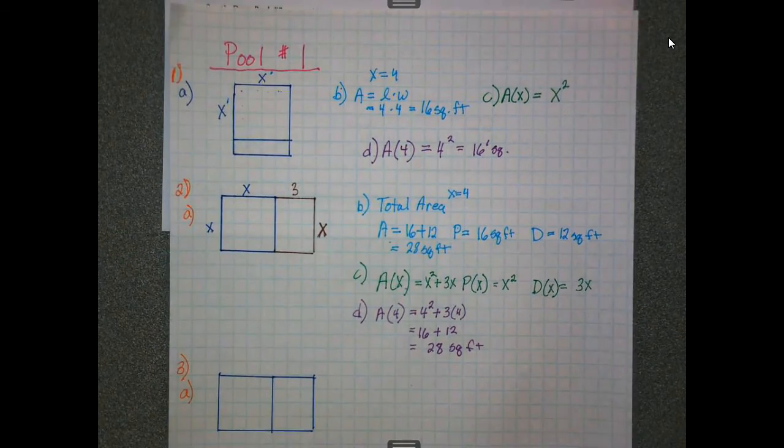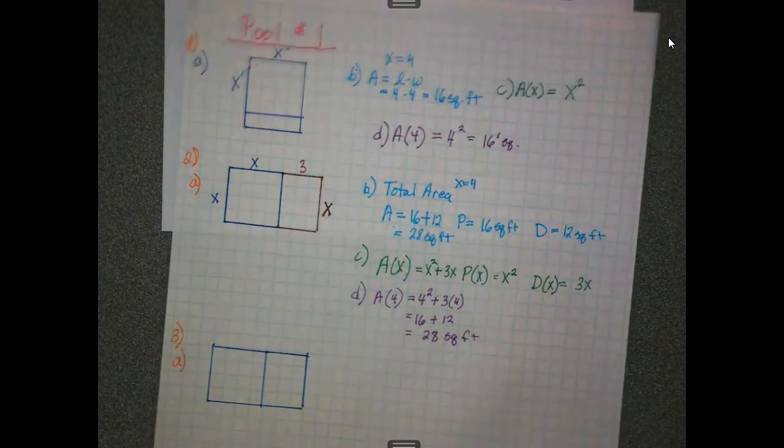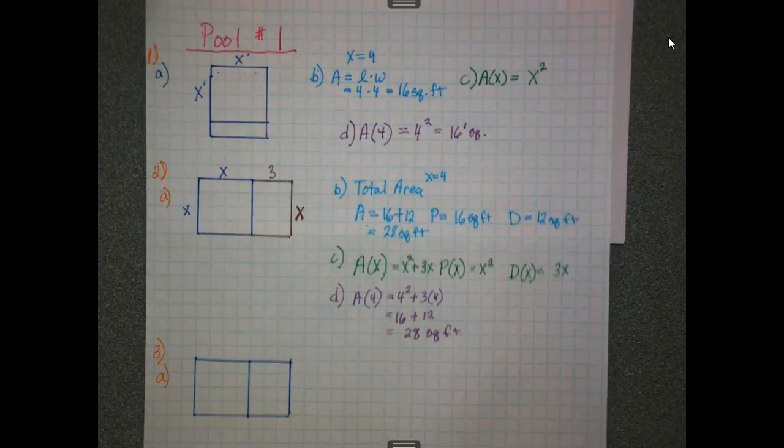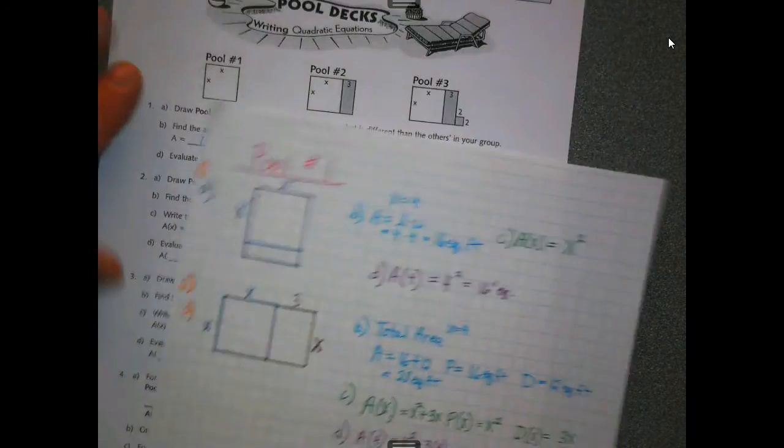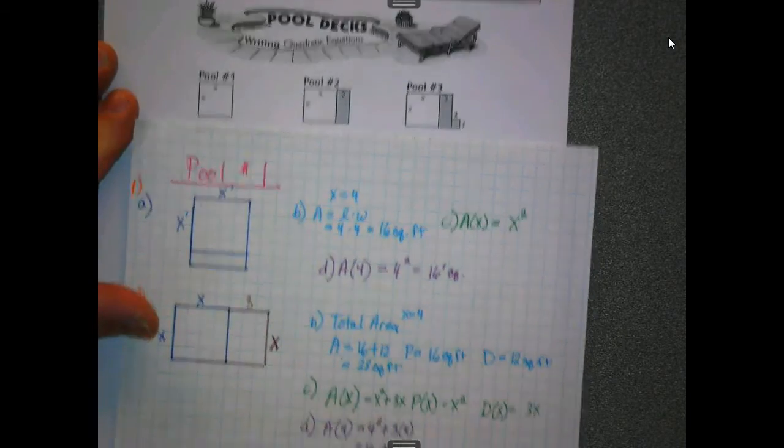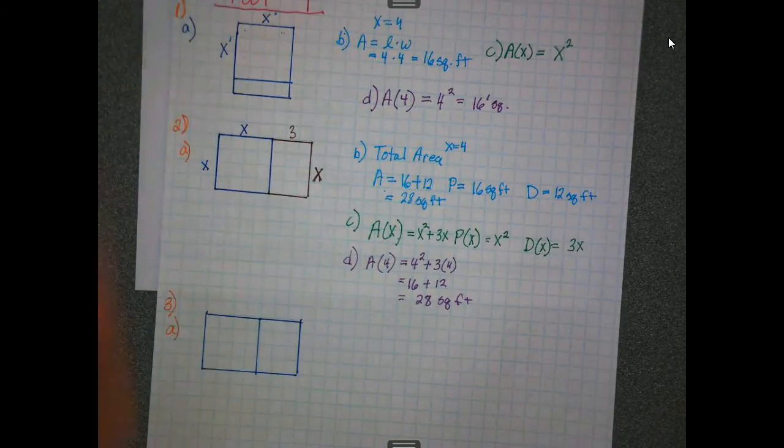Okay. Now they're adding some kind of little, maybe it's a doggy pool or something, right? They have that little 2 by 2 thing there. I have to add that little 2 by 2 thing.